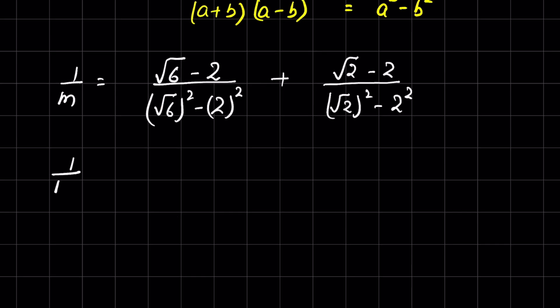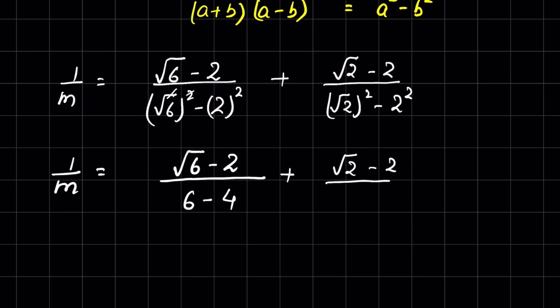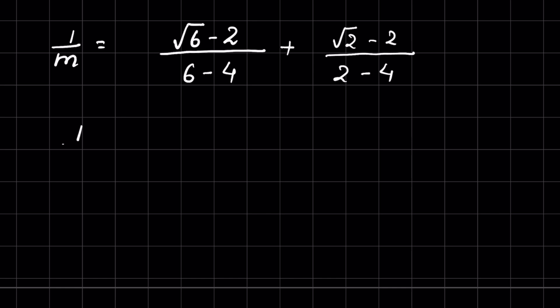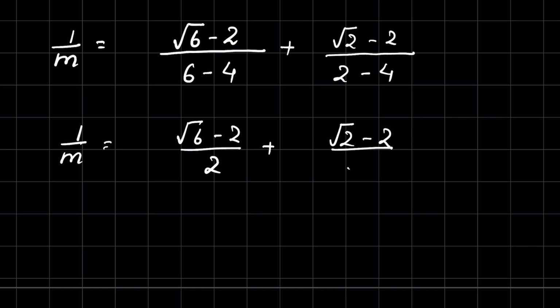Or 1 upon m is equal to square root of 6 minus 2 upon, we remove the square root with the square, so 6 minus 2 square is 4, plus square root of 2 minus 2 upon, remove the square root with the square, so this is 2 minus 4. Or 1 upon m is equal to square root of 6 minus 2 upon 2, plus square root of 2 minus 2 upon 2 minus 4, which is minus 2.